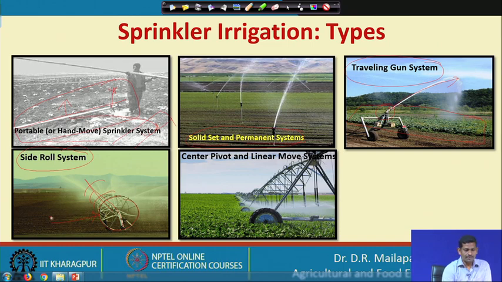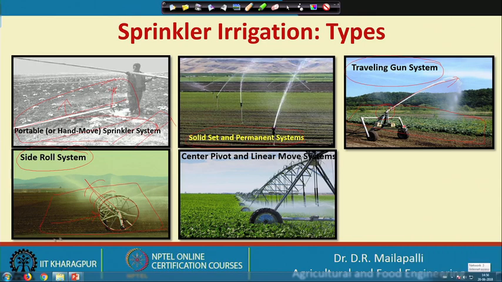Suppose you want to irrigate this area: the entire system moves very slowly so that it gets enough water for this piece of land, and that is why this is called the side roll system. It moves very slowly from one end to another and irrigates the entire land.